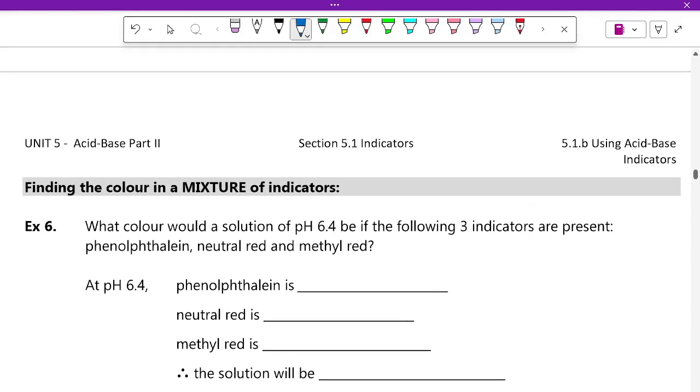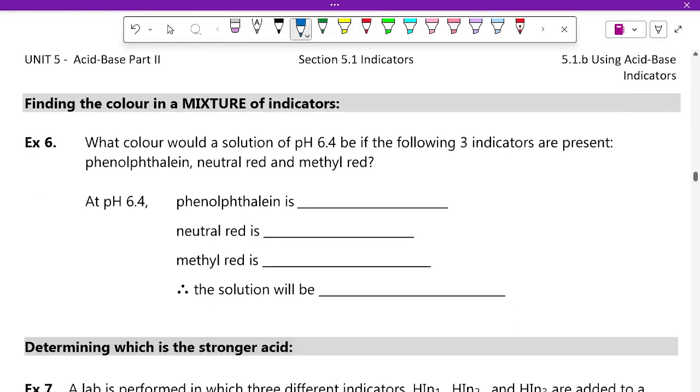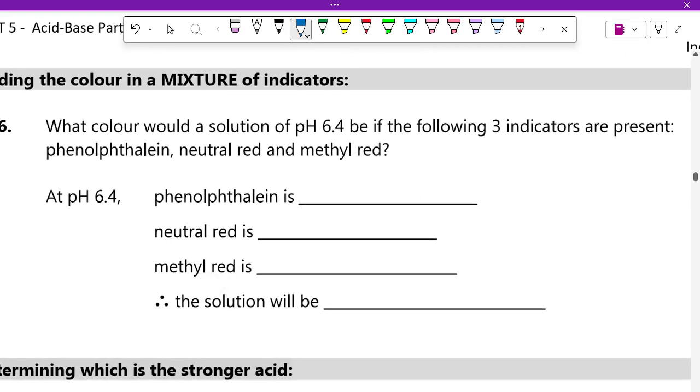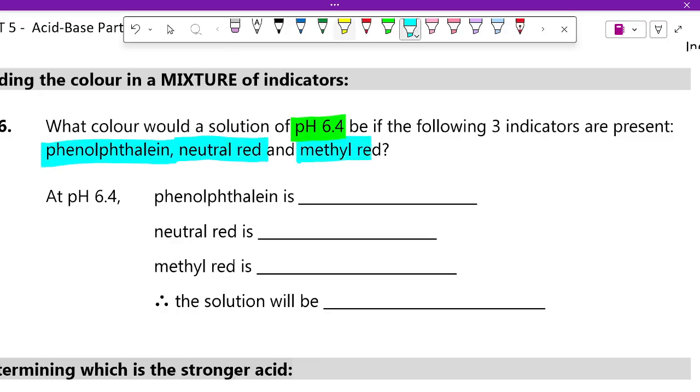Finding the color in a mixture of indicators. What color would a solution of pH 6.4 be if the following three indicators are present? So we have pH 6.4, and we have thymolphthalein, neutral red, and methyl red.